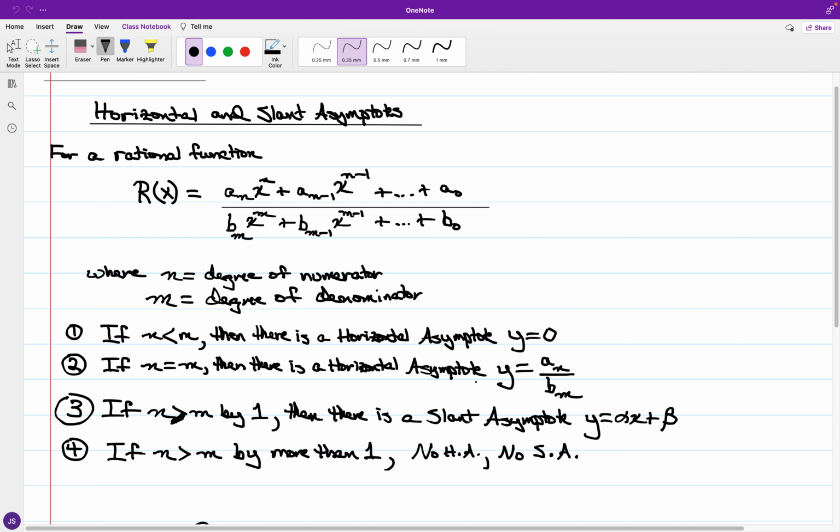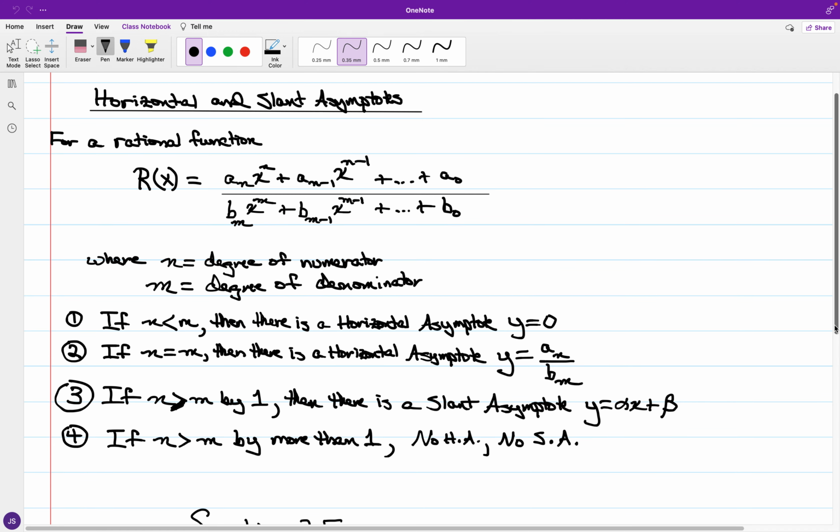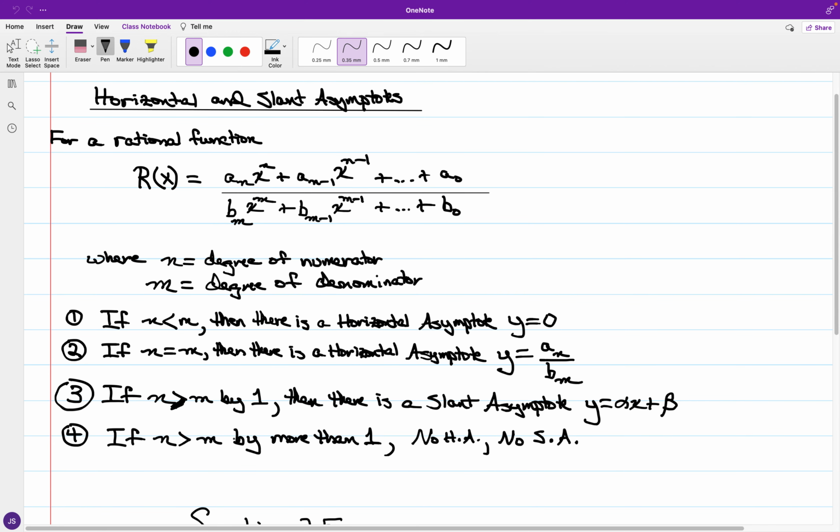And if the numerator degree is greater than the degree of the denominator by a power of 1, there's going to be a slant asymptote, which we have like y is equal to alpha x plus beta. And again, that's just another variation of the slope-intercept form of a linear equation. And if n is higher than m by more than 1, there will not be a horizontal or slant asymptote.